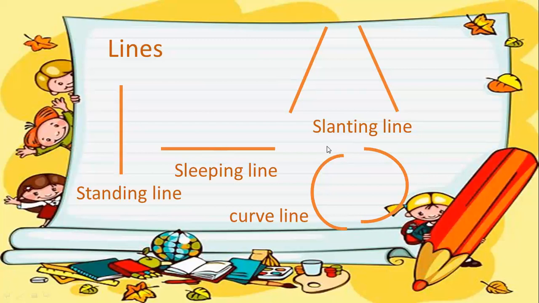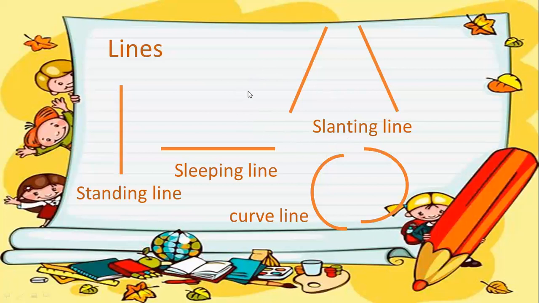All these lines are very, very important. Once you know about these lines, then you can write your alphabet in lowercase and in uppercase also. By using these lines, we are going to write our capital letters and small letters.